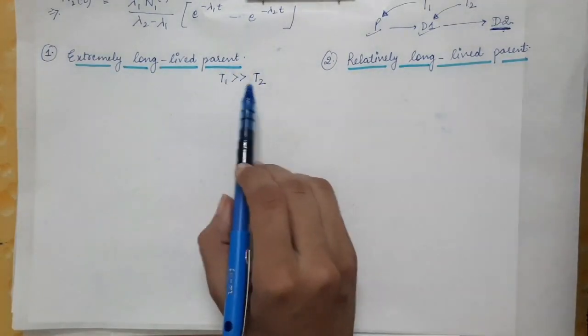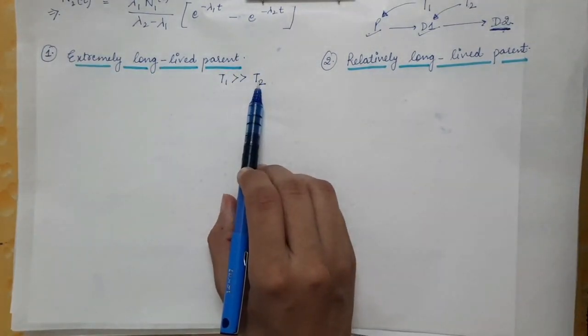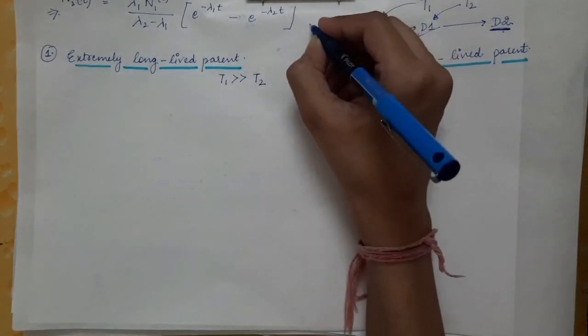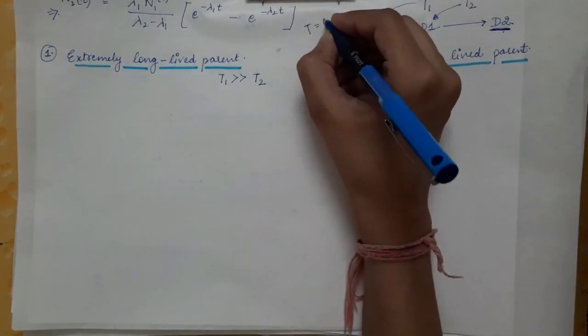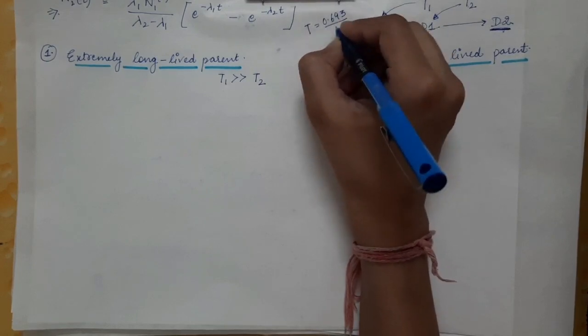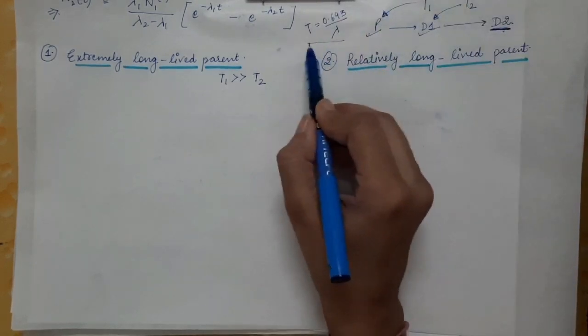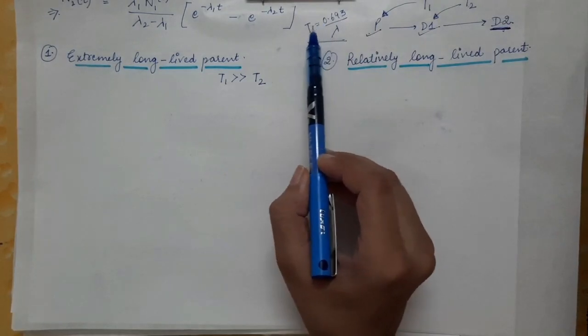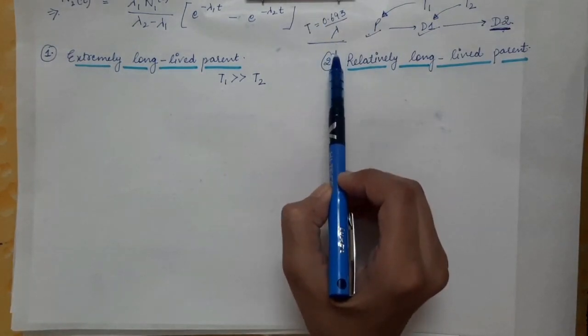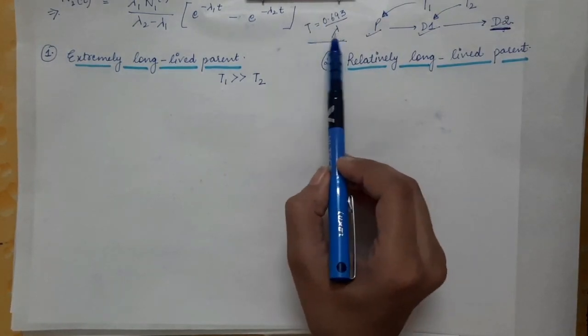We know the half-life is related to the decay constant. The relation is half-life is equal to 0.693 divided by lambda. As we have already done, the more the half-life, the less will be lambda. So they are inversely proportional.